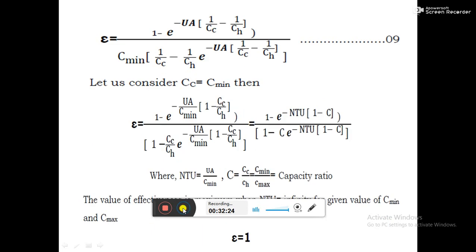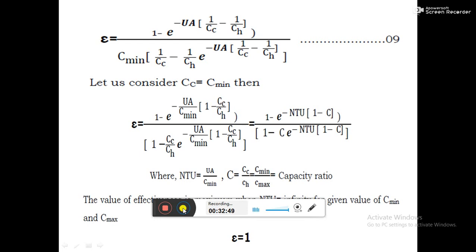Now rearranging the above equation, we will get the equation for effectiveness as 1 minus e to the power of minus UA into 1 by Cc minus 1 by Ch, divided by C minimum into 1 by Cc minus 1 by Ch into e to the power of minus UA into 1 by Cc minus 1 by Ch.